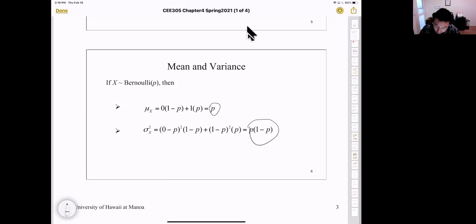This is based on the equation for mu x for discrete variables, the sum of x times P(X = x). That's the equation from chapter 2.